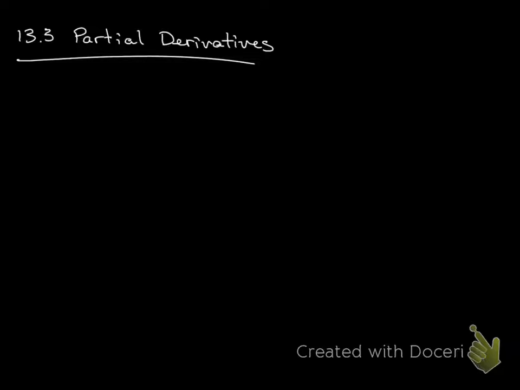Of course, just like in Calc 1, this is a limit definition, and that's why I talked a little bit about limits in the last video, but I just want to show you the definition here. So I'll go through it quickly.